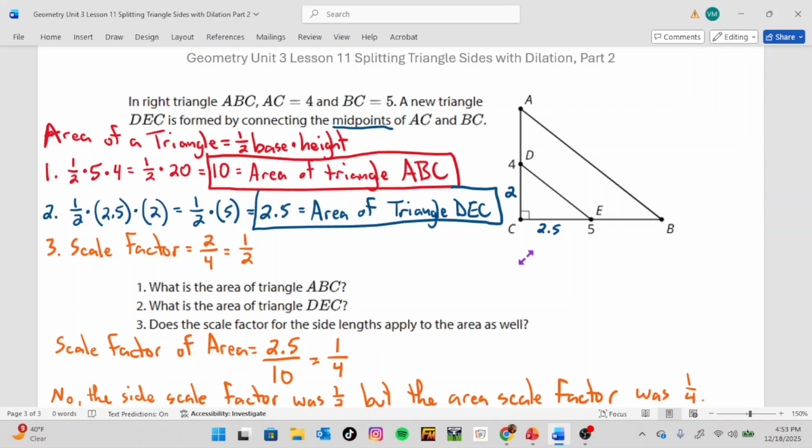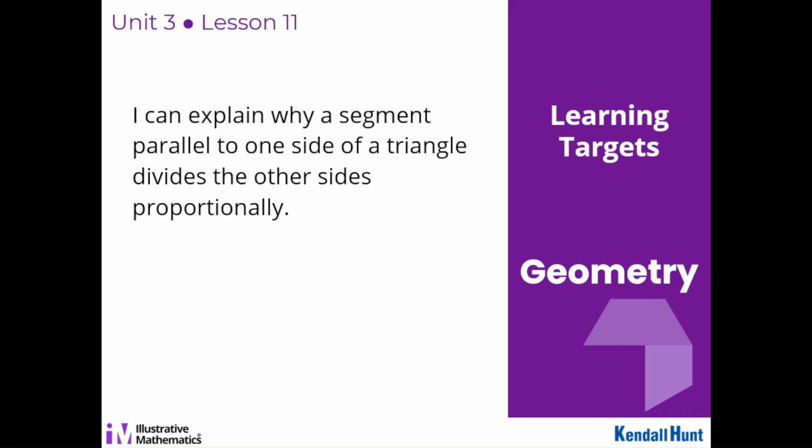Now let's go ahead and review the learning target for this lesson one last time before we end the video. So we did have one learning target in this lesson, and that said I can explain why a segment parallel to one side of a triangle divides the other sides proportionally.